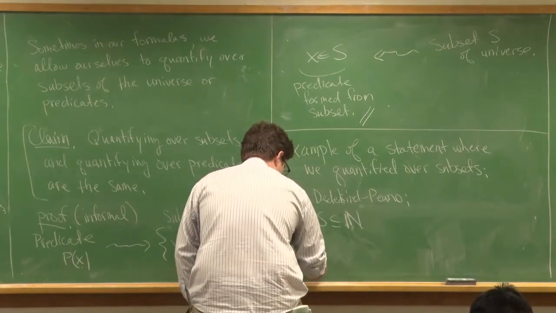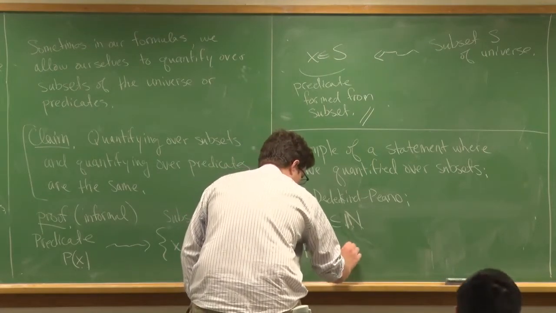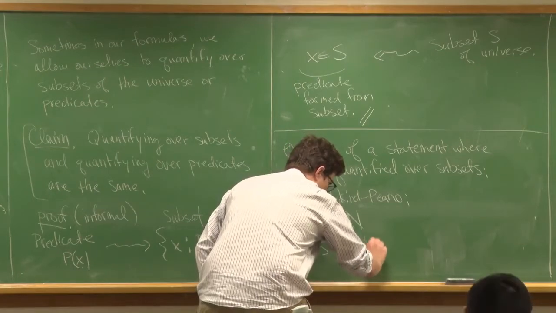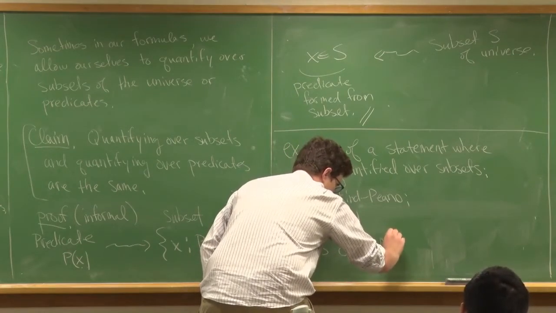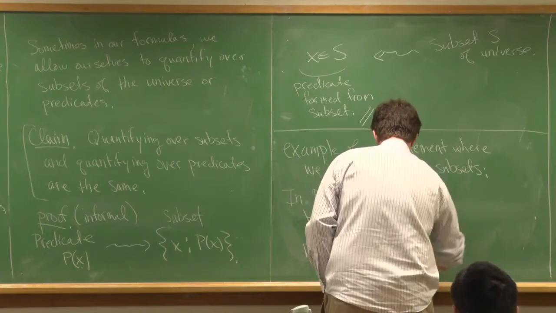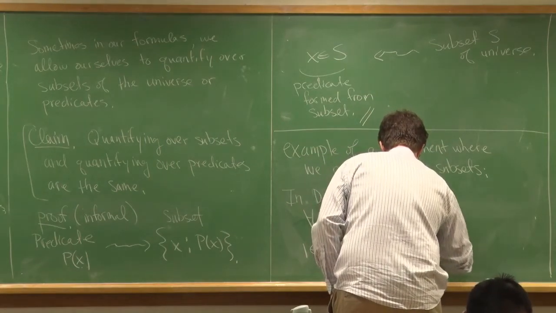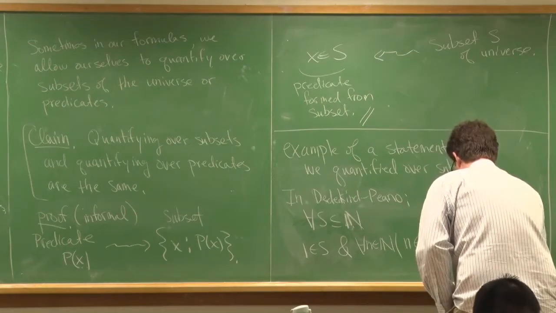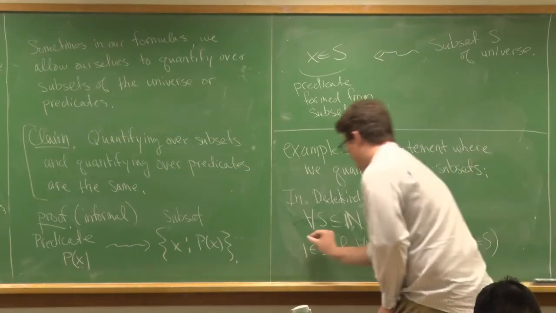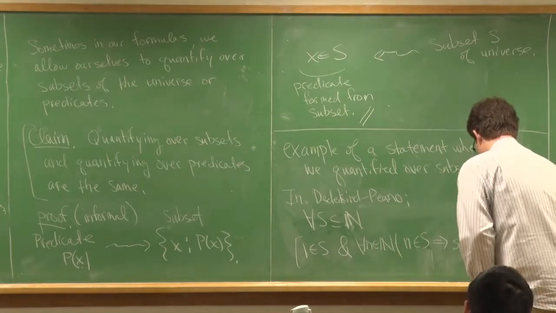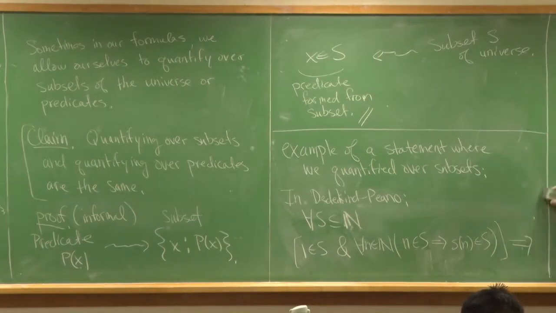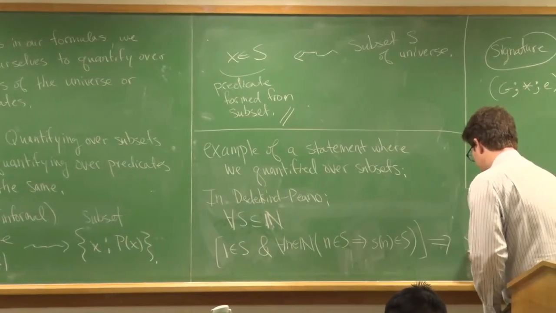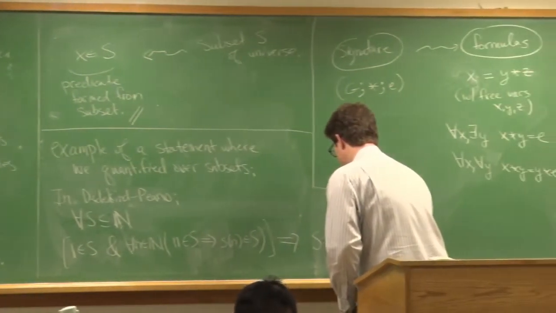If 1 was an element of S, and for all n in the natural numbers, if n was in S, this implied that the successor S of n was in S, then these two things implied that the following was true, that S was equal to the natural numbers.